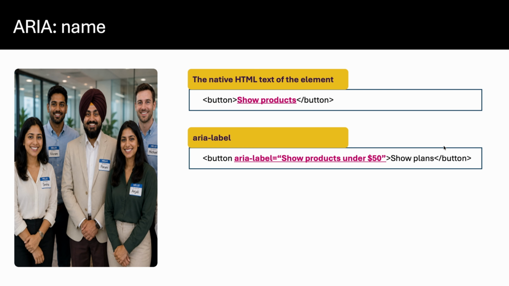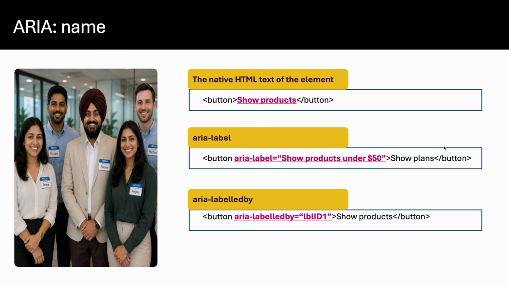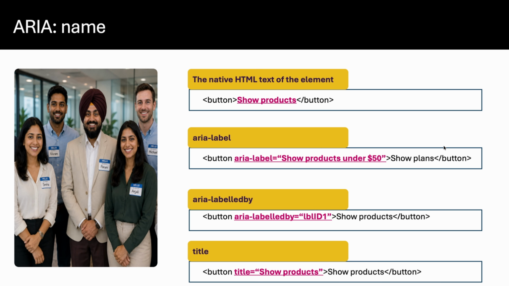Then we have aria-label, which provides an invisible label directly in the attribute. We also have aria-labelledby, which points to visible text somewhere else on the page. And sometimes title can also contribute. But title is usually not the best primary labeling strategy because the support and discoverability are inconsistent.